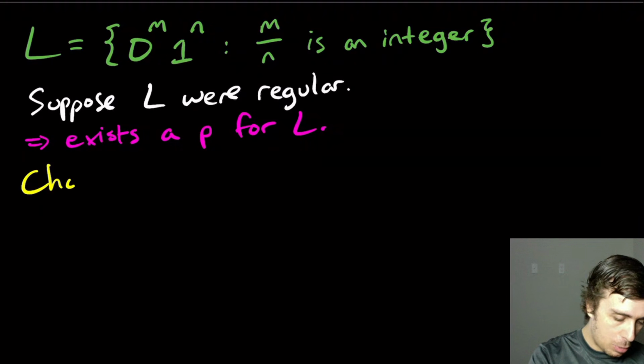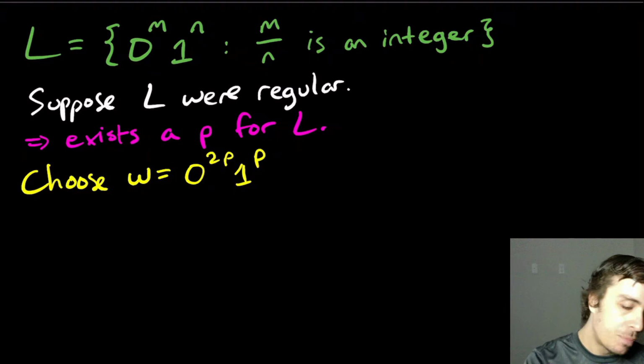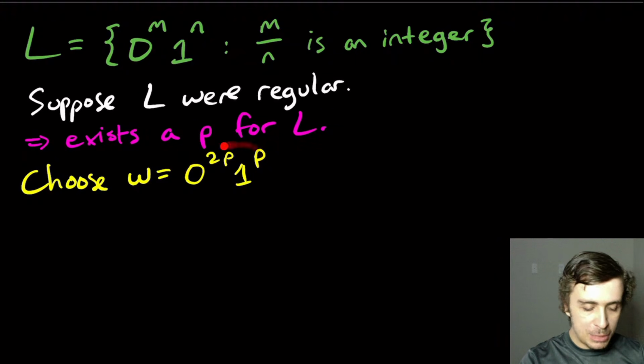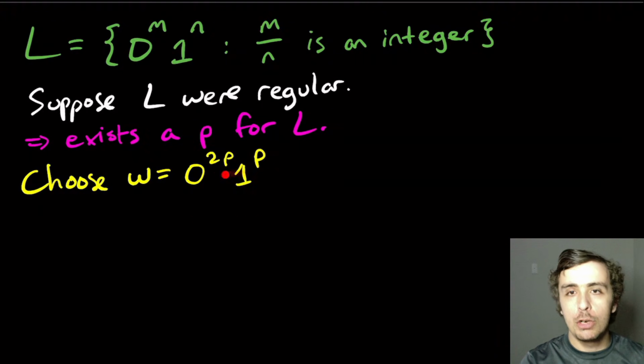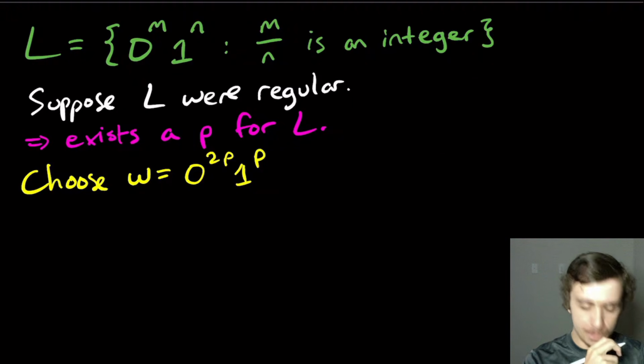So let's choose a string, and this string will not be useful for us, but I want to show it anyway to give you the idea. We definitely have at least P characters because there are 3P characters here. And this is in L because 2P/P is 2, and that's an integer.